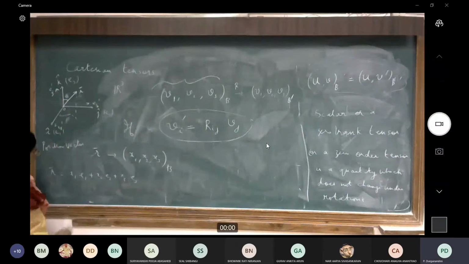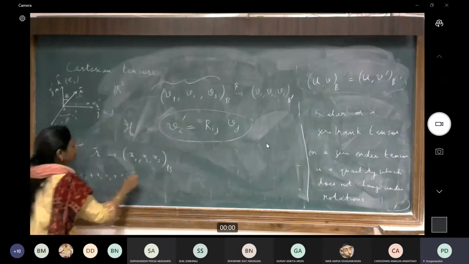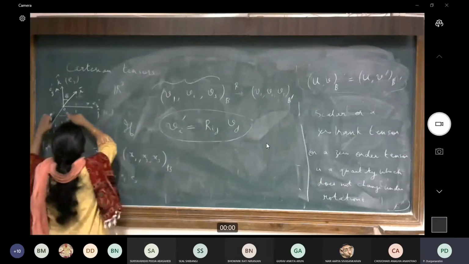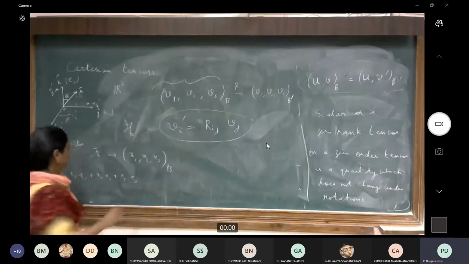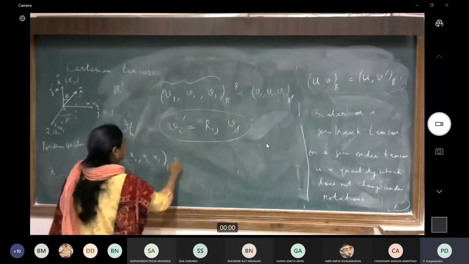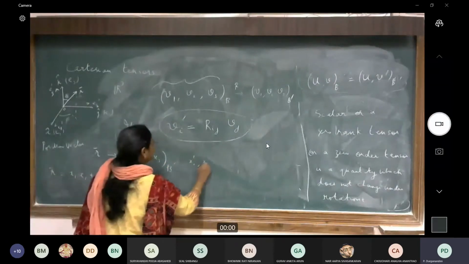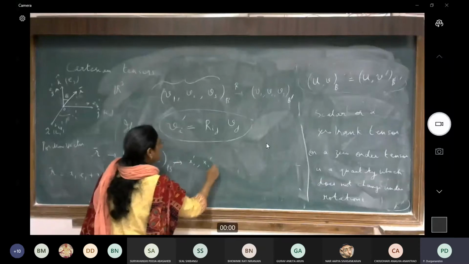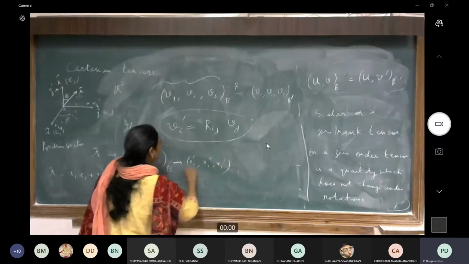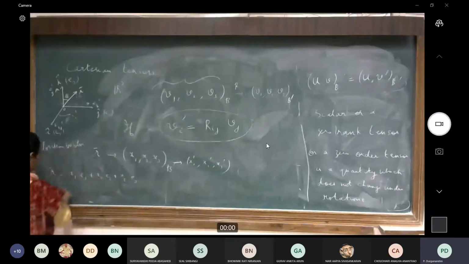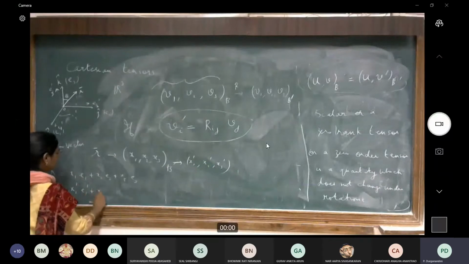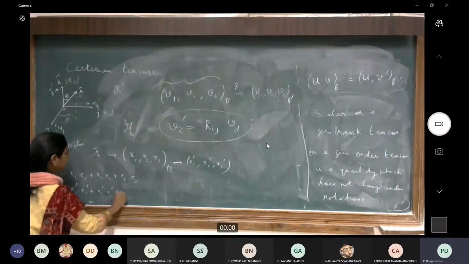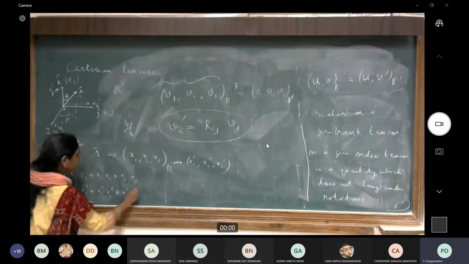Okay. Now, if I go to the basis B prime, or with respect to e1 prime, e2 prime, e3 prime, then what will be the coordinates? The components will become x1 prime, x2 prime, and x3 prime. So the same thing can be written as x1 prime e1 prime plus x2 prime e2 prime plus x3 prime e3 prime.